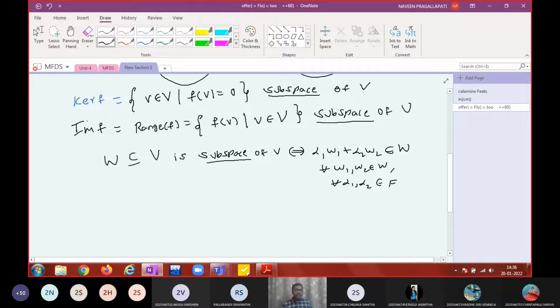So if I can show this condition is satisfied by these two sets, obviously they are going to be subspaces of the respective spaces.